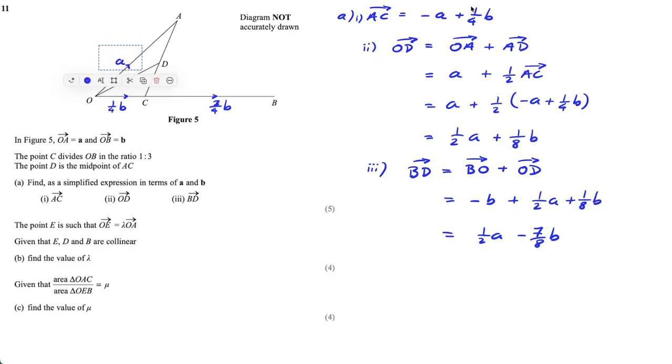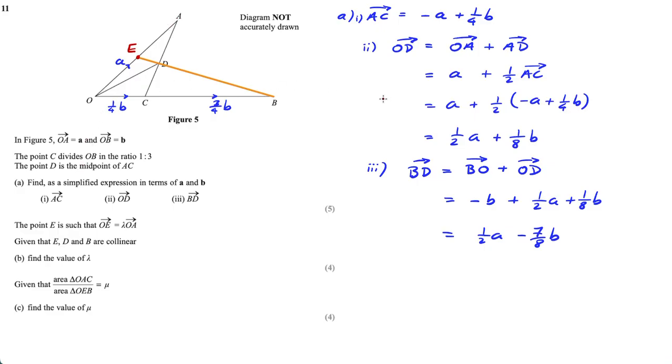Okay, so I have this B, D, E. So that means E is here, somewhere here. Now just remember, guys, that A is obviously for the full thing. Now he says OE is lambda OA. Find the value of lambda.